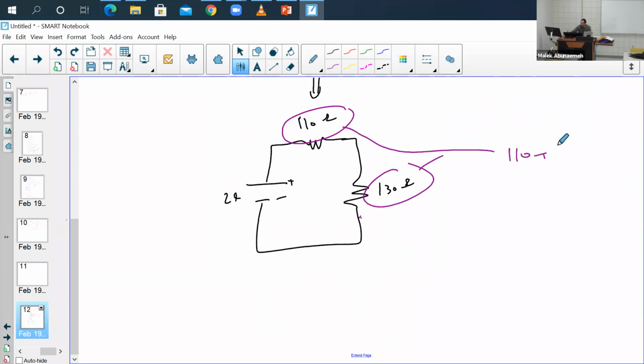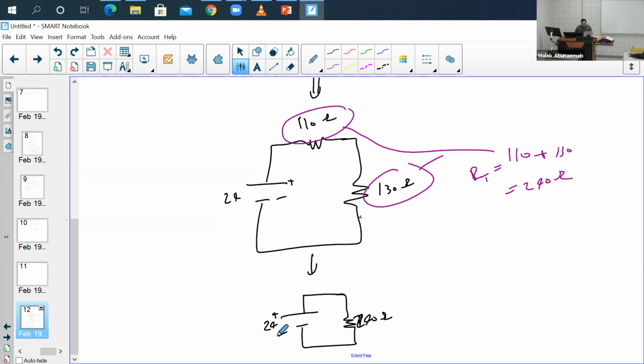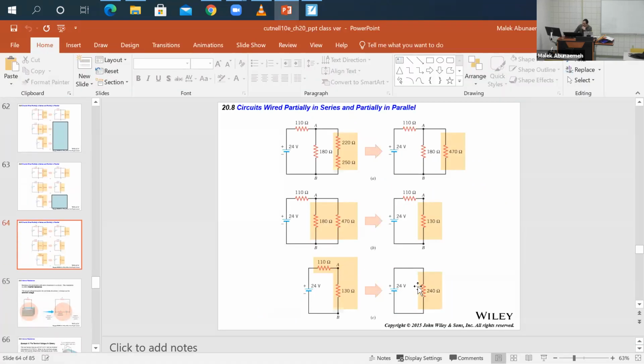So it'll be 110 plus R total, 110 plus 130. So you should get 240 ohms. So we can redraw the circuit as 240 ohms with your 24 volts, positive and negative. And is that what we had? Yep, that's exactly what we have.